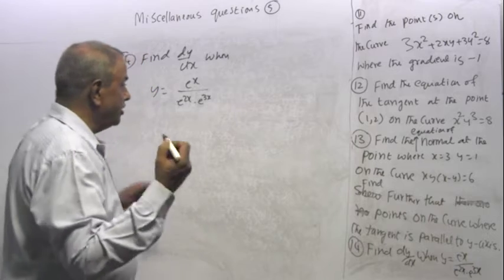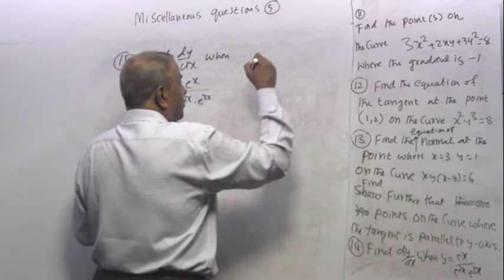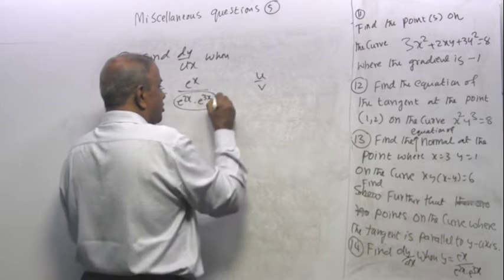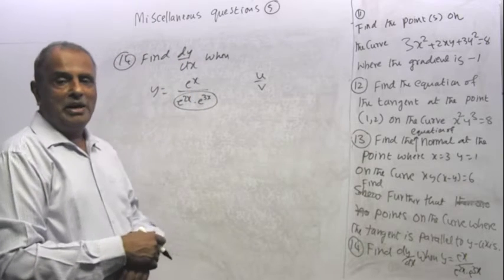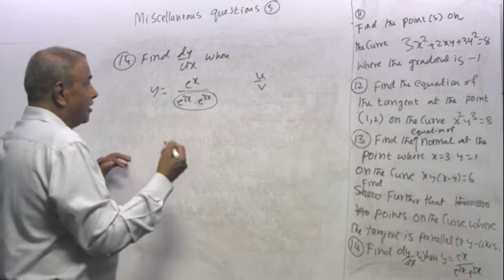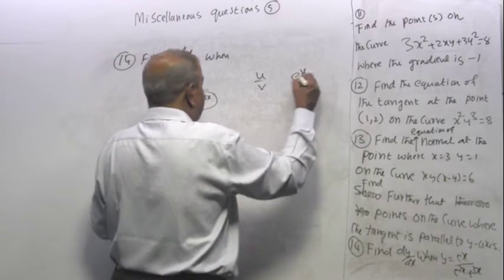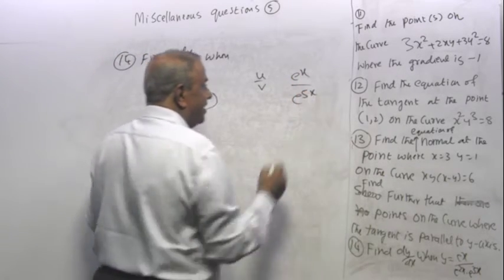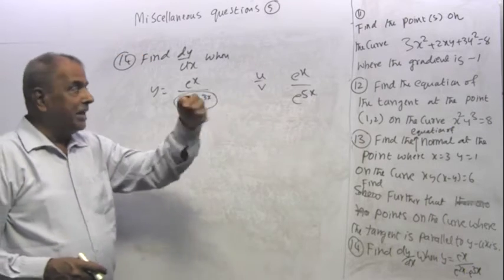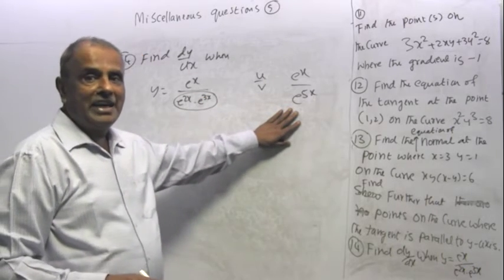So what I normally saw was that they would use u over v, the quotient rule, v du by dx minus u dv by dx over v squared. No! Or some of the cleverer ones would do e power x over e power 5x. If you write that, I would have expected some of them to realize that it can be simplified, but they didn't.